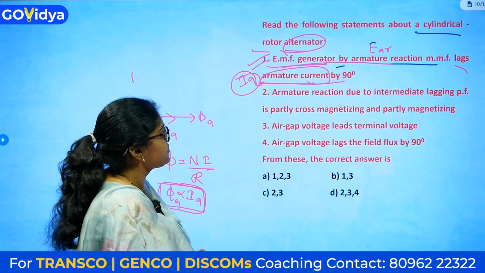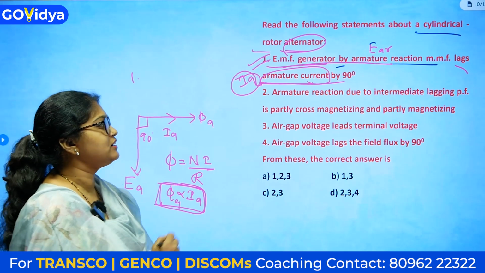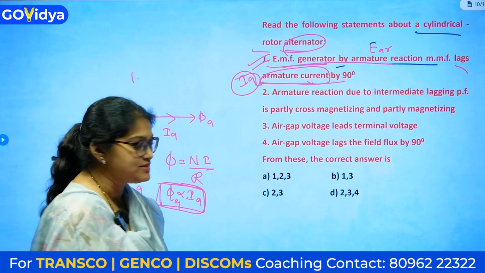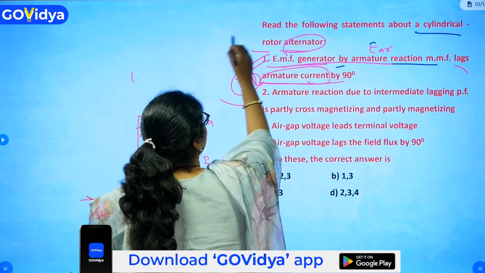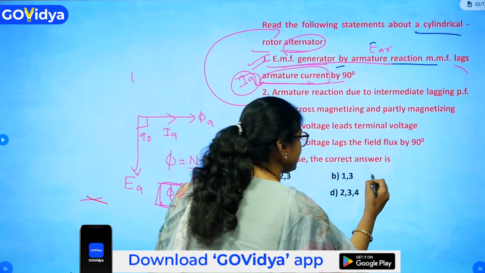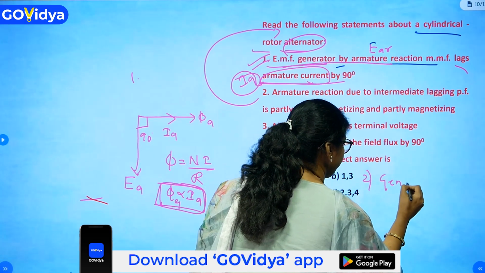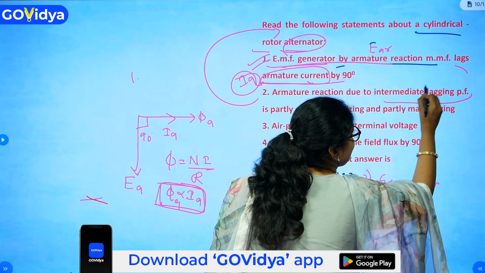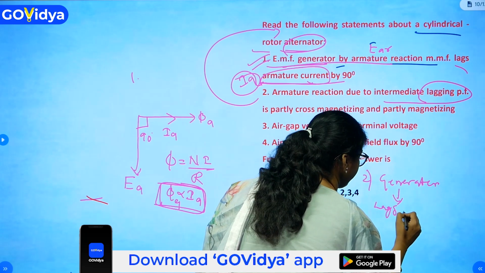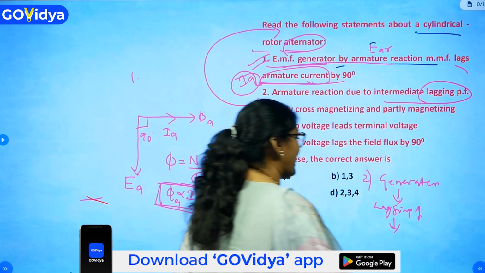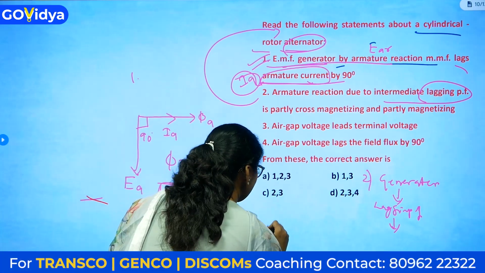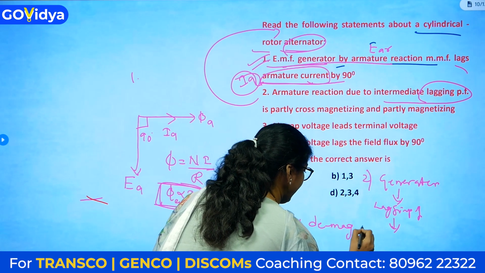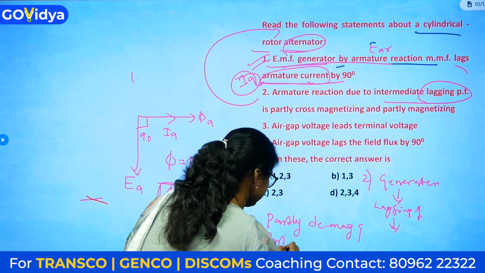Coming to the second option, armature current due to intermediate lagging power factor is partly cross magnetizing and partly magnetizing. It is talking about the generator. First thing you have to know. In a generator, for the lagging power factor, what does it do? Partly demagnetizing and partly cross magnetizing.